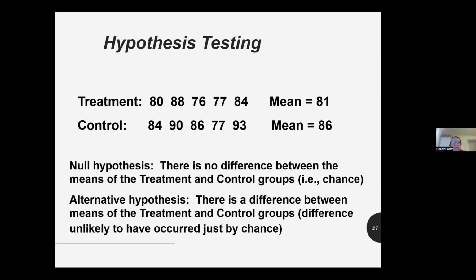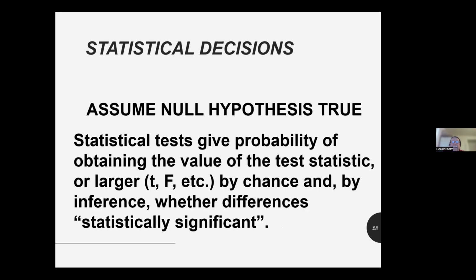Whereas my alternative hypothesis, which I hope to be able to show, or to prove in a sense, is that there is a difference between the means of the treatment and control groups, and that this difference is unlikely to have occurred just by chance. In making our statistical decision, we start out by assuming that the null hypothesis is true.